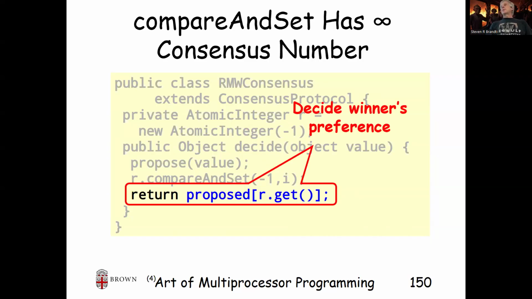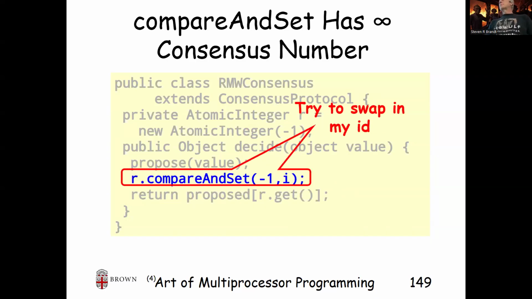That can work for any number of threads, because only one thread will succeed in doing that compare and set. However many call, only one will see a -1. And that's the way it works. So if you have a compare and set, you have infinite consensus number. And so it becomes the most important synchronization instruction on the CPU when it's there.